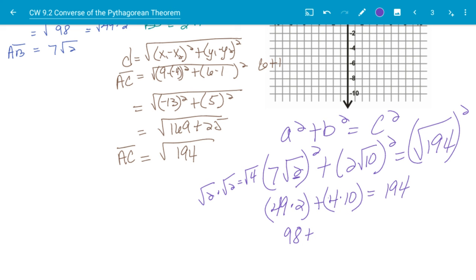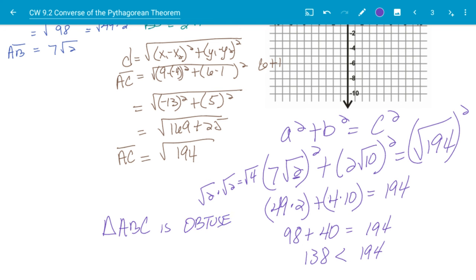It's going to be 98 plus 40 is equal to 194. And 98 plus 40 is 138, and that is less than 194. So triangle ABC is obtuse because the square of the longest side is bigger than the sum of the squares of the legs.